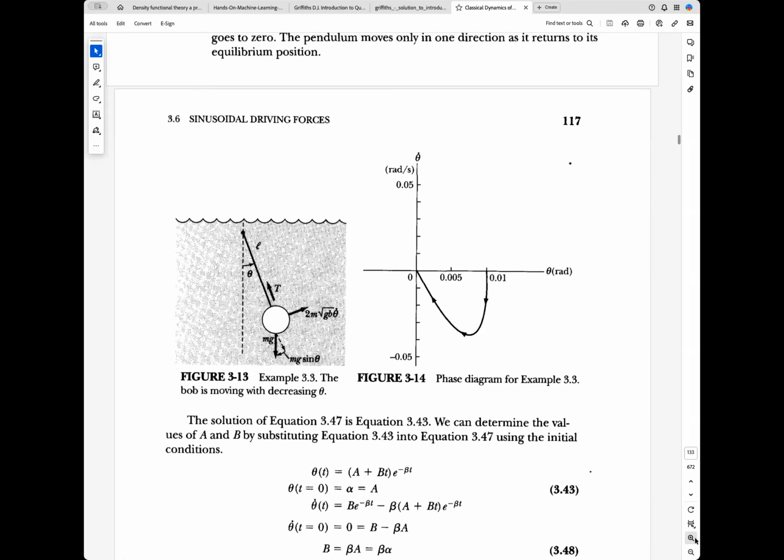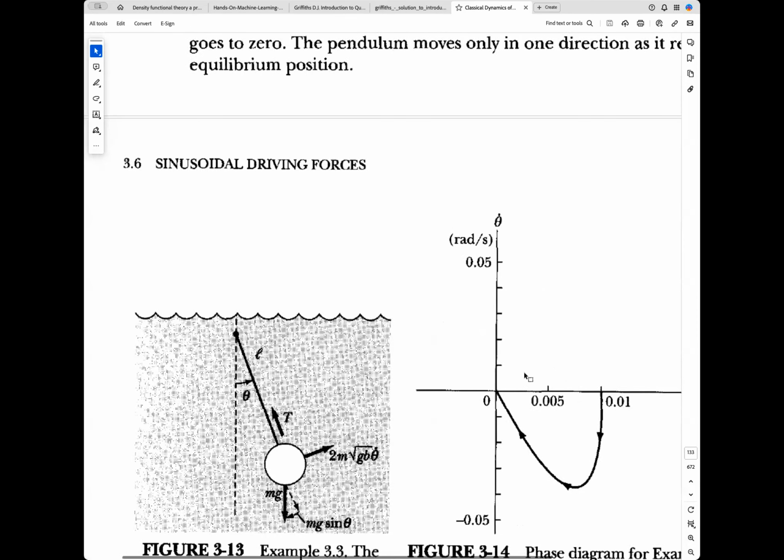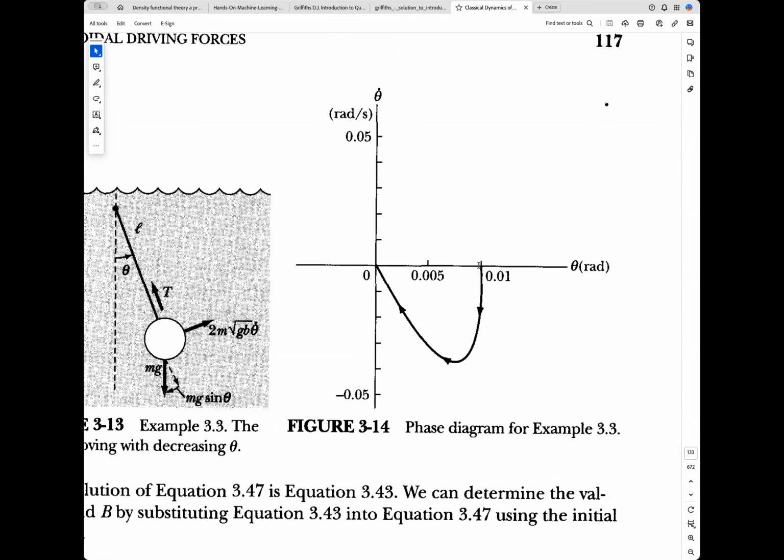Now we have this graph for the phase diagram. Here the x-axis is theta, the angular displacement, and the y-axis is the angular velocity. If we assume an initial position of theta equals 10 to the minus 2, that is 0.01, this is its initial position. What happens to the particle?